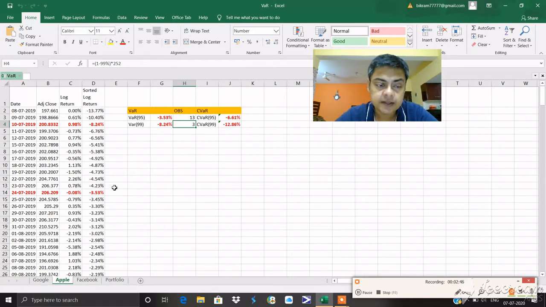In a similar way, here also the loss at the 13th observation comes as VAR 95, and the entire set of this fat tail, from minus 13.77 till here, averaged by dividing by 13, comes as the CVAR.